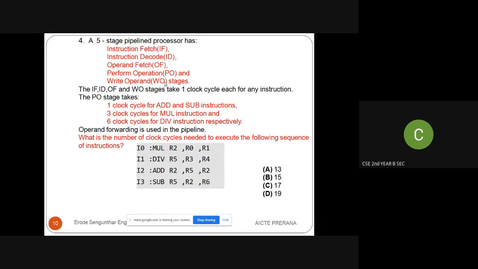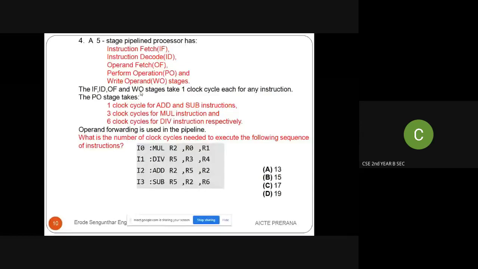Among these 5 stages they have given, IF (instruction fetch), ID (instruction decode), OF (operand fetch) and WO (write operand), these stages take 1 clock cycle for each and every instruction to be processed.